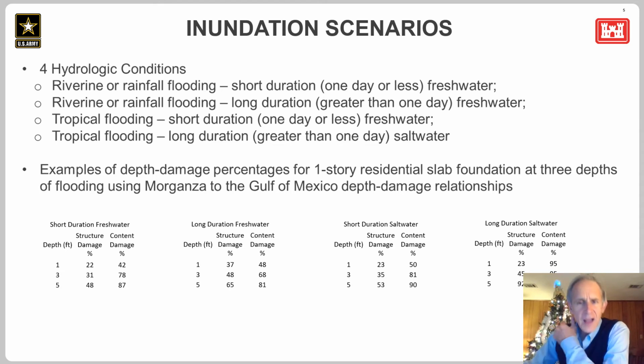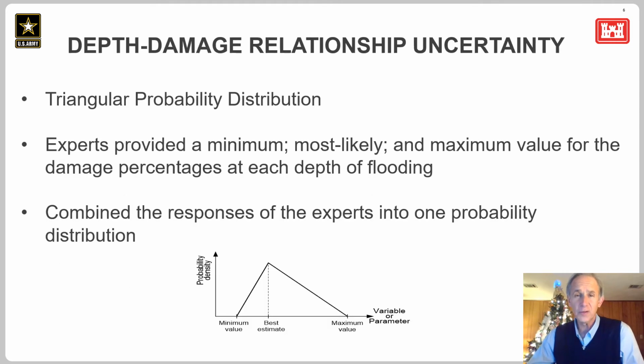You can see at the bottom we have depth damage relationships for short duration freshwater, long duration freshwater, short duration saltwater, long duration saltwater. Of course the most damaging is long duration saltwater. In Hurricane Katrina, water was inside of structures for weeks, and it was salt water, which is more corrosive, so you're going to see higher percentages. But whatever depth damage relationships you use, you should say why they are appropriate for your study area, and that's something reviewers are looking for.